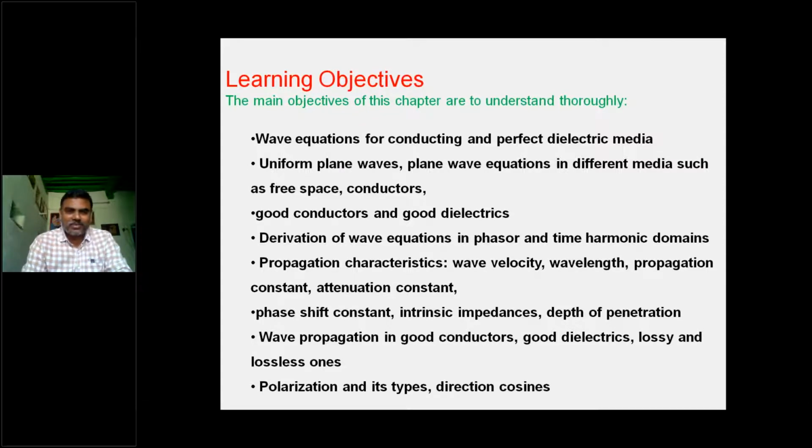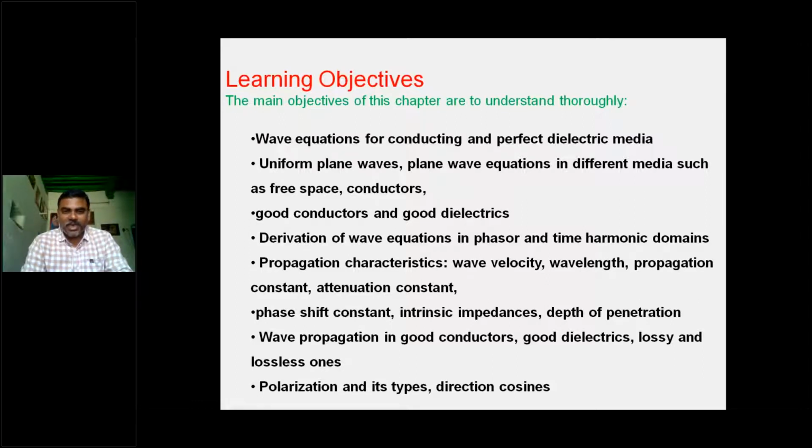We have to derive the wave equations in phasor form and time harmonic domains. There are two situations to describe the wave equations, in time domain and in space domain. In the phasor form, we just replace the time derivative, dou by dou t, by j omega.